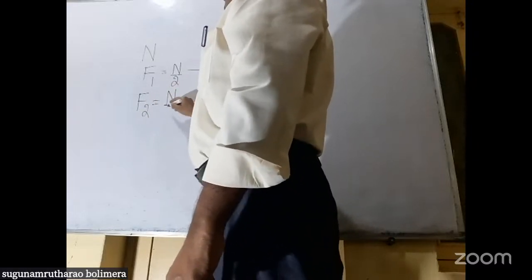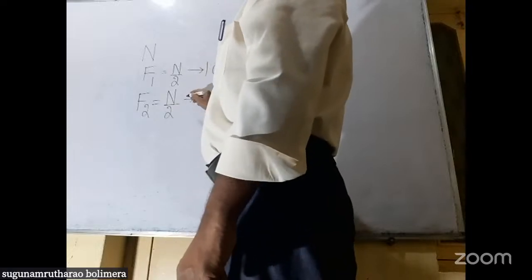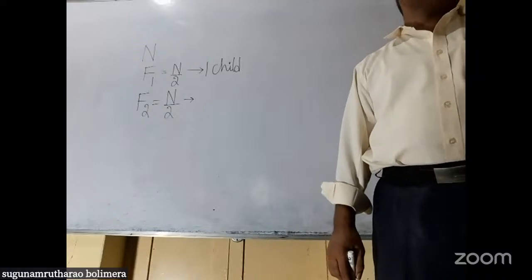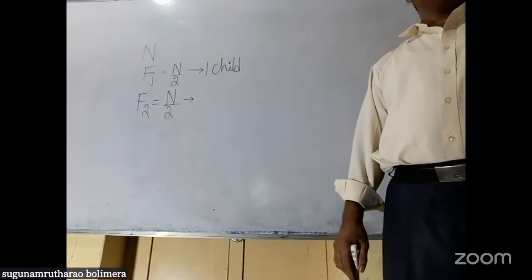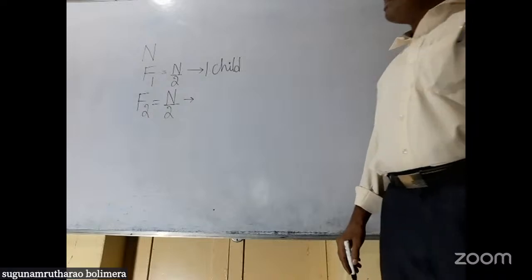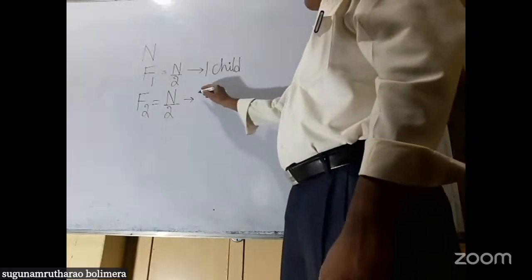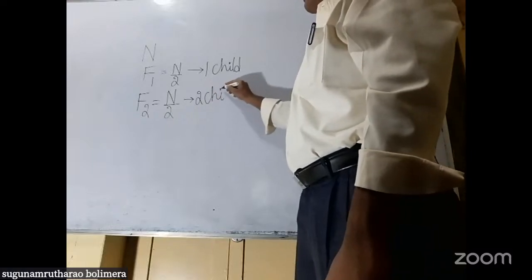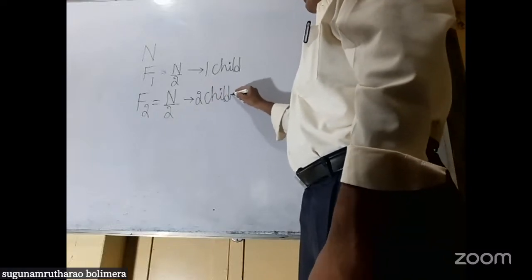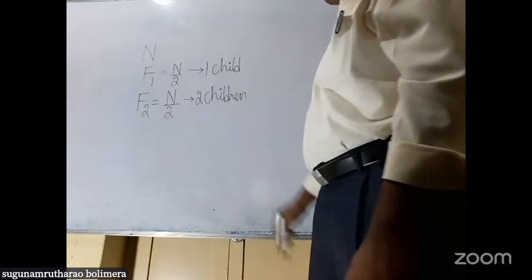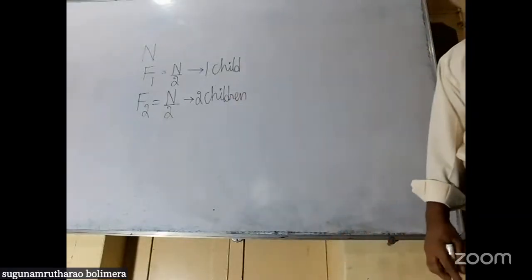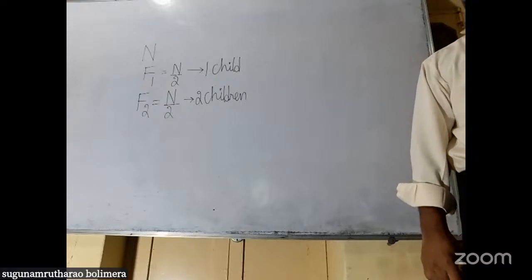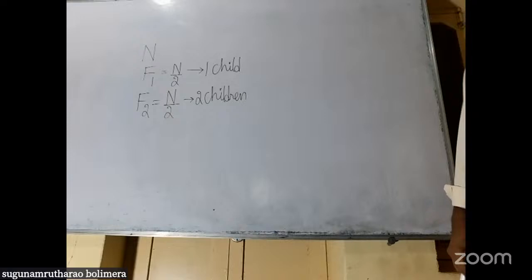That is also N by 2 number of families, and they are having two children per family.